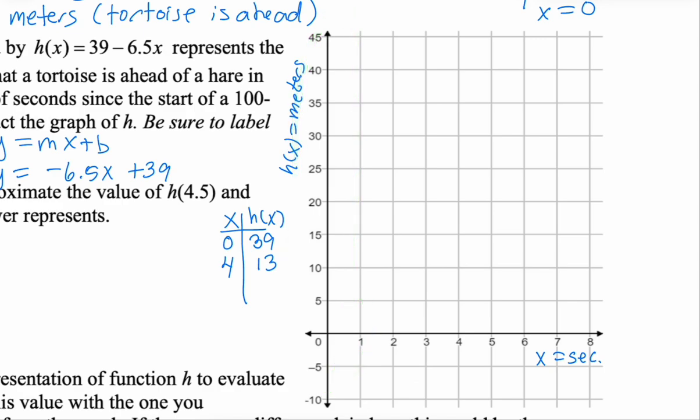So always account for what is showing up when it comes to that. So our first point we're going to put on the graph is at 0, 39. That was our y-intercept, our vertical intercept. Another point that we found, and you could have chosen a slightly different point, but I chose 4, 13 as an option.